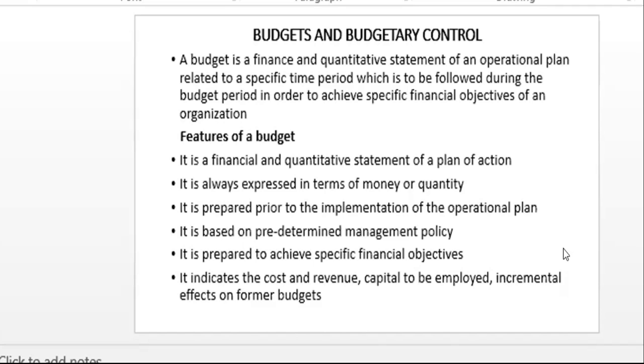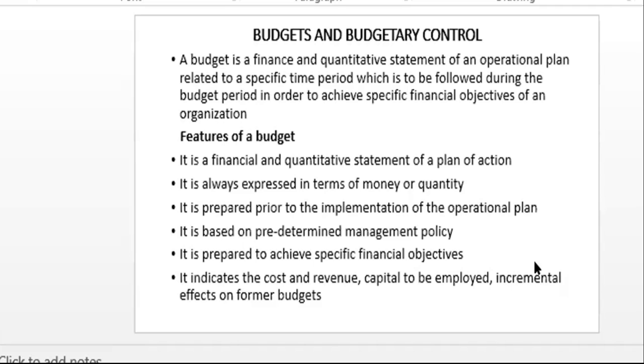Then it is prepared prior to the implementation of the operational plan. So budgets normally come first, and then the implementation comes last, because you plan, you budget. That's why budgets are called plans. They are part of planning by the management. So you plan to spend, or you plan to receive from a different source, or you plan to achieve some goal.